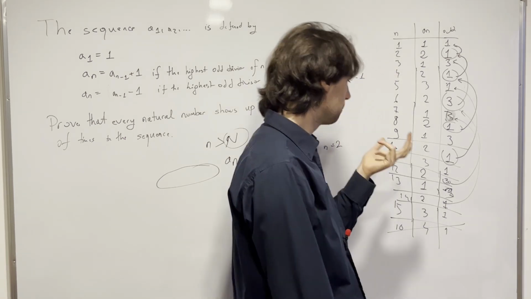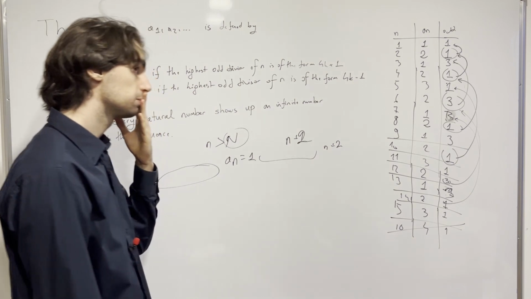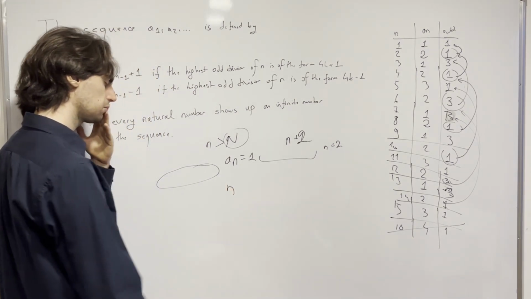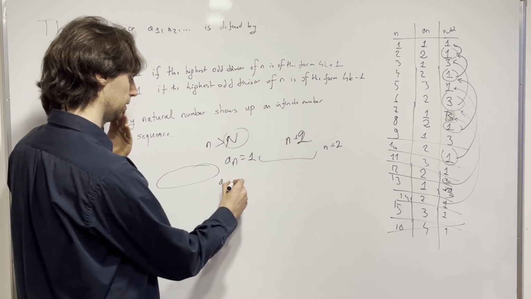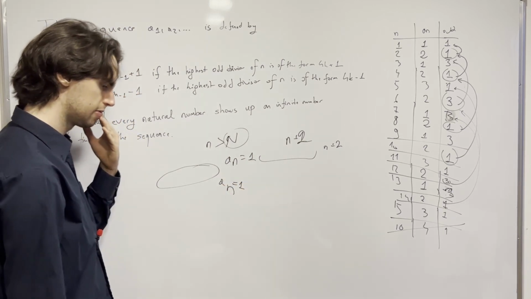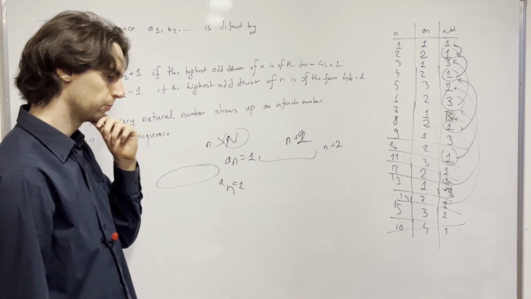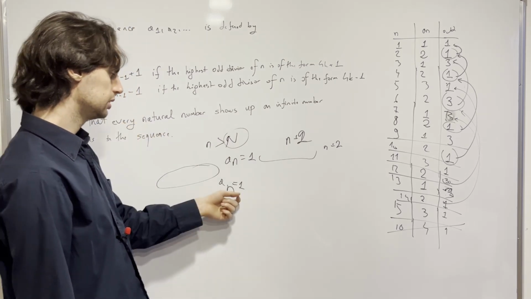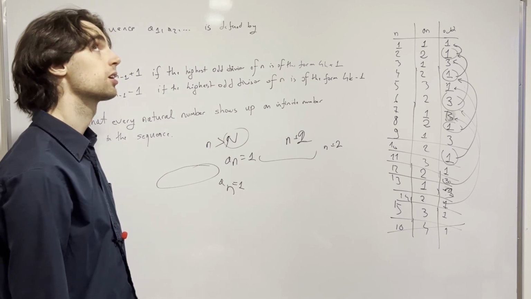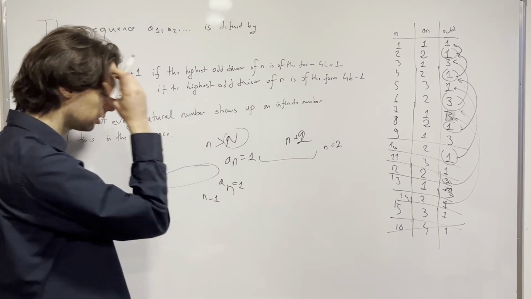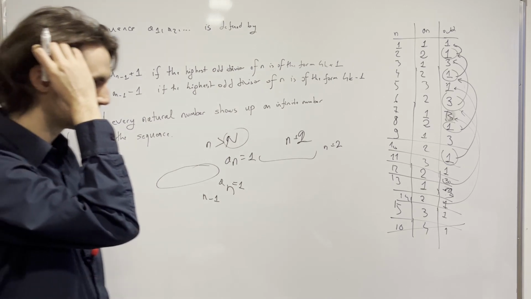Why does 1 show up so many times? Say I have 1 showing up for some n. Say a_n is equal to 1. Why is the next one going to be a 2? So if a_n was equal to 1, that means the previous one, n minus 1, was divisible by an odd number.